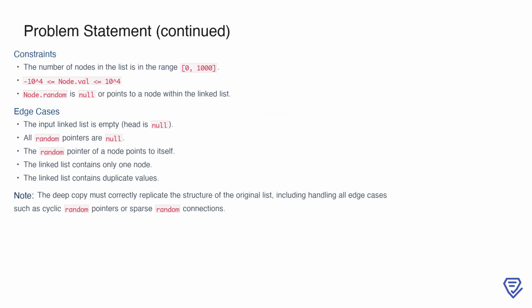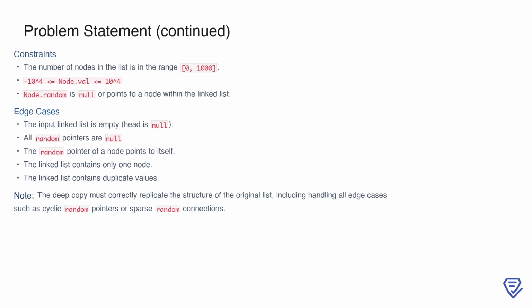To summarize the constraints and edge cases for this problem, the linked list can have between 0 and 1000 nodes, and the value of each node can range from -10,000 to 10,000. The random pointer for each node may either point to null or to any node within the linked list.